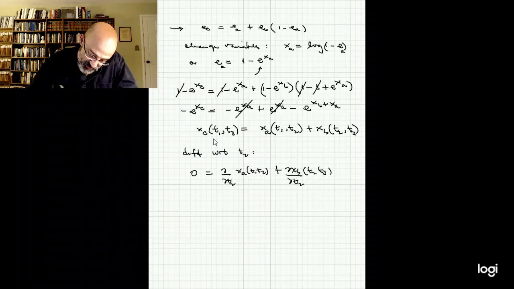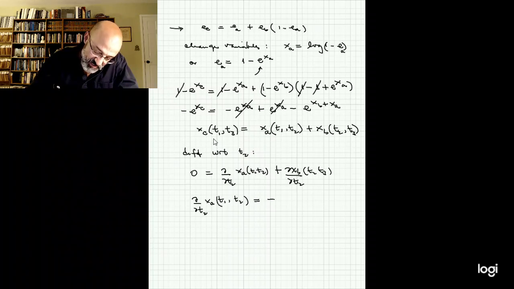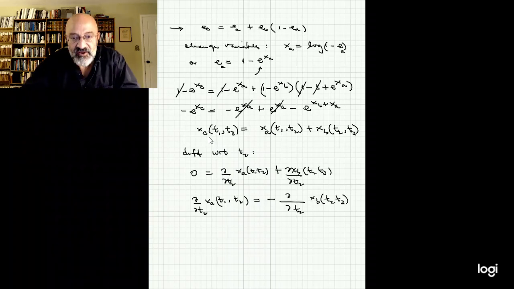Let me rewrite them, get this guy onto the other side, and rewrite it as follows: d/dT2 of XA(T1, T2) equals minus dXB/dT2, where XB is a function of T2 and T3. Now, this equation is interesting because this side depends on T1 and T2.